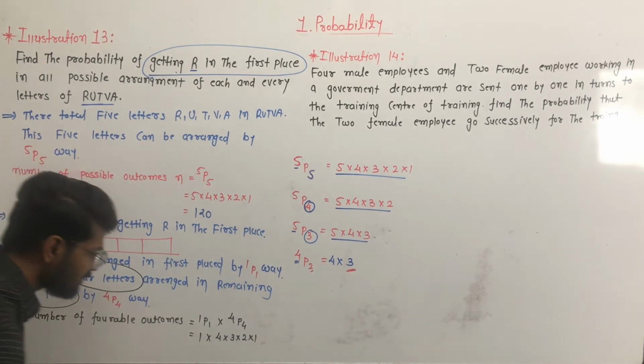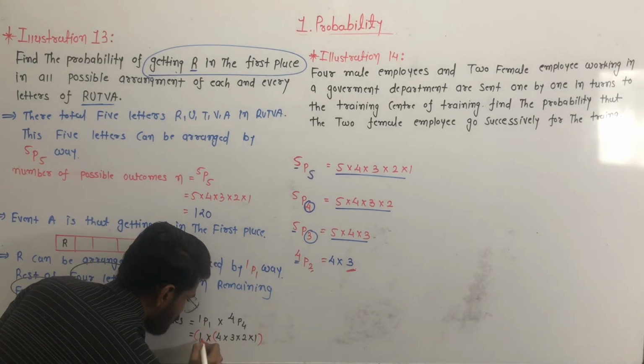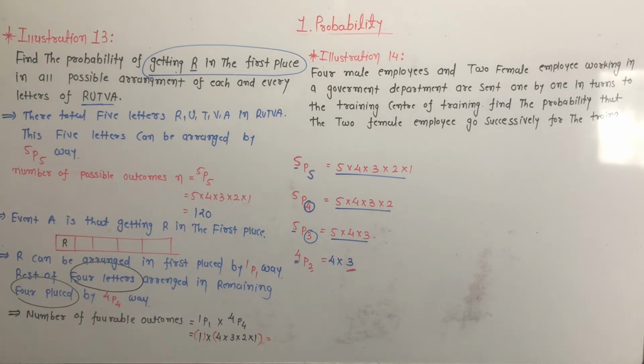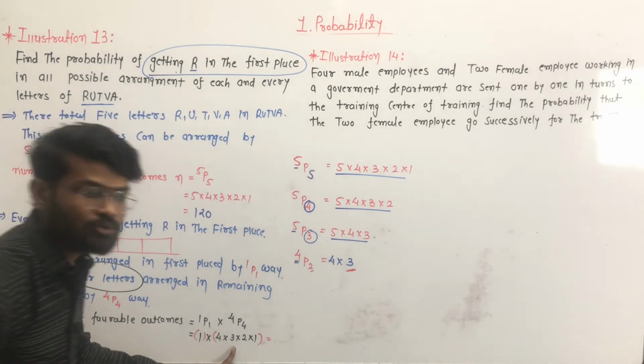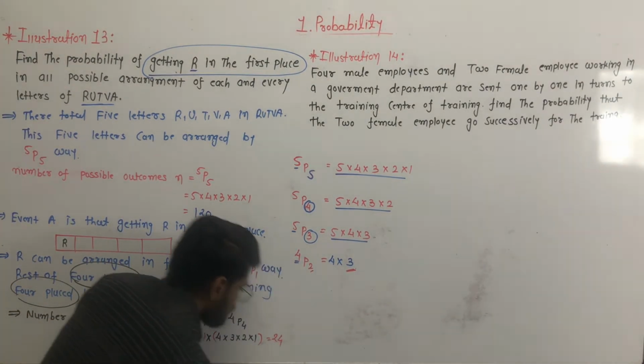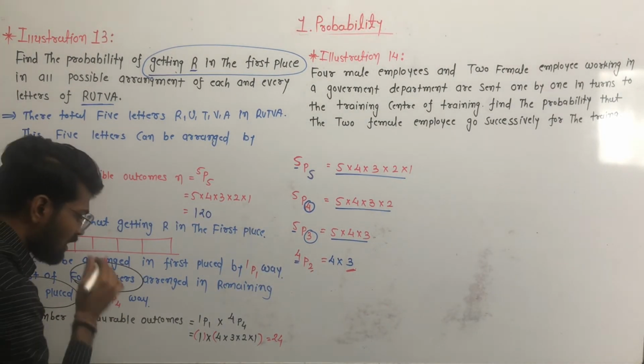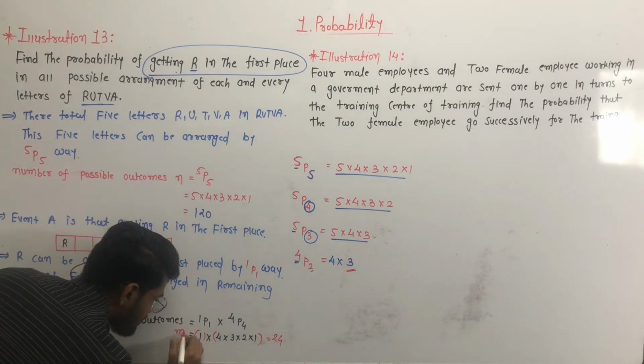So 4 multiplied by 3 is 12, 12 into 2 is 24. The number of favorable outcomes will be 24, and it is denoted by m.